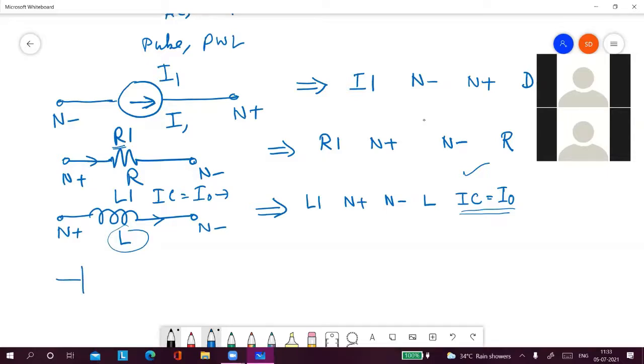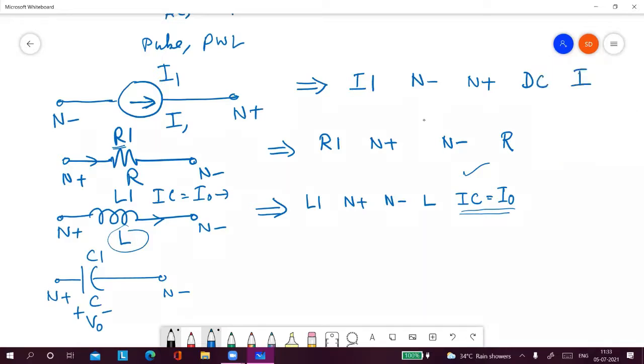Similarly, for a capacitor, say a capacitor is connected between n plus and n minus, with the positive plate connected to n plus and the negative plate connected to n minus. Say the name of the capacitor is C1 and its value is C, and let the capacitor be initially charged. Assume that due to the initial charge, the voltage across the plates is V0.